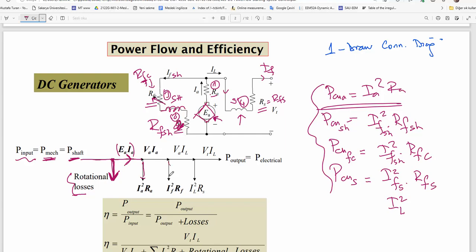And then here are the 3 losses we have mentioned here. In fact, the field controller rheostat is not given here. It would be, but it is not necessary every time. If you add a resistance, you can add field controller losses here, but it is not general. The rest of the power will be output electrical power.